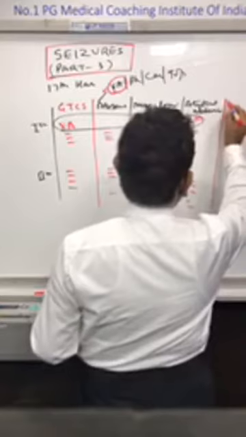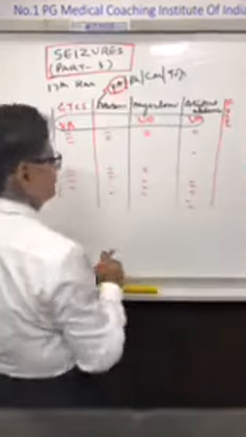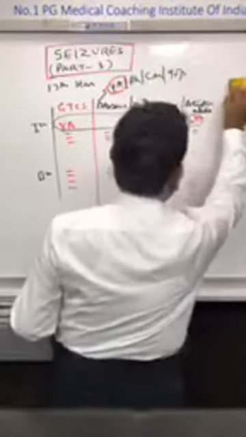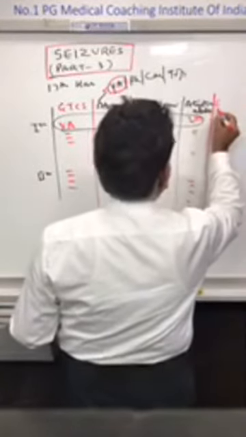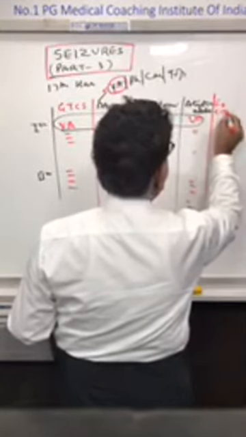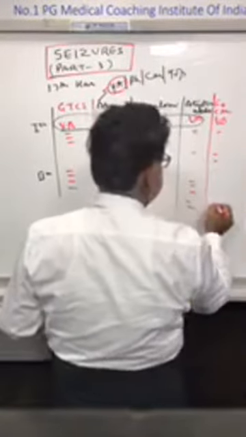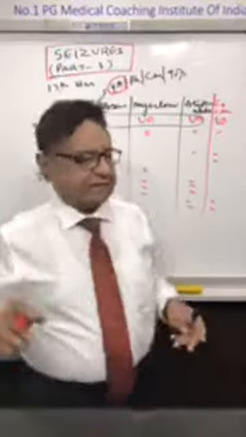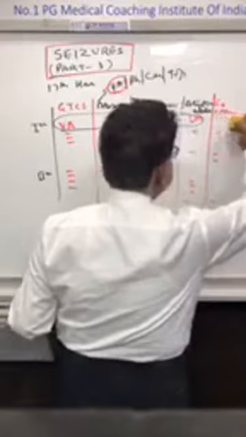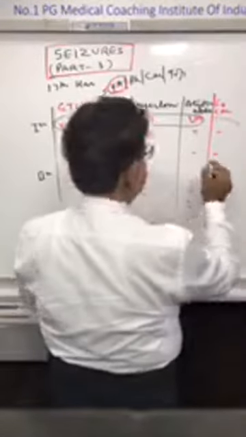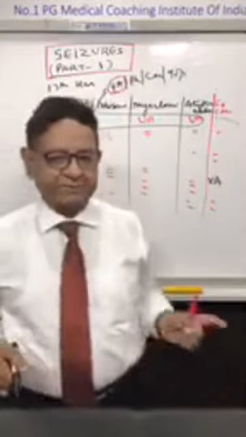Focal seizure, again in the 17th edition it was valproate. Now in the 18th edition, everything was the same, but in focal seizure he shifted valproate from first line treatment to second line treatment.